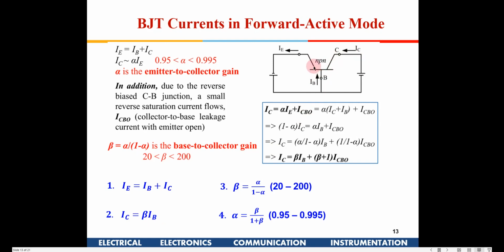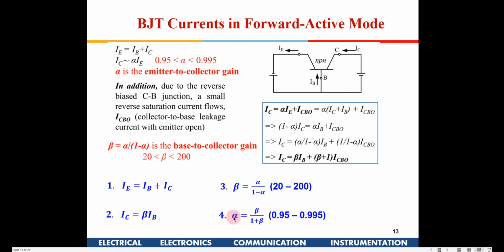Now that gets added with IB. So 1 plus beta times IB is going to flow through IE. So if I put here beta times IB, the emitter current will be 1 plus beta times IB. Right. So IC is equal to beta IB, and beta is given by alpha divided by 1 minus alpha, and the range of beta is generally for fabricated transistors 20 to 200.